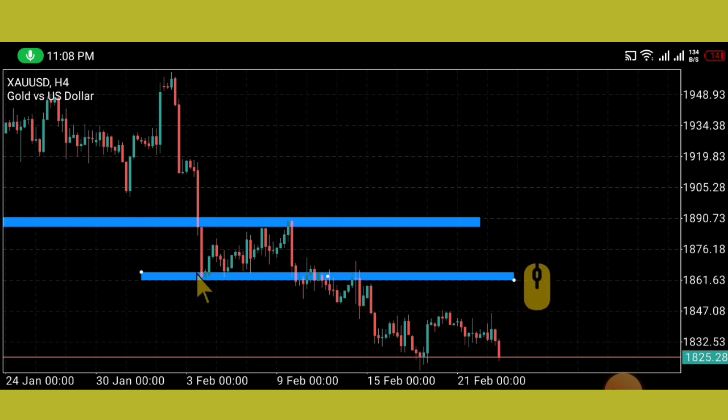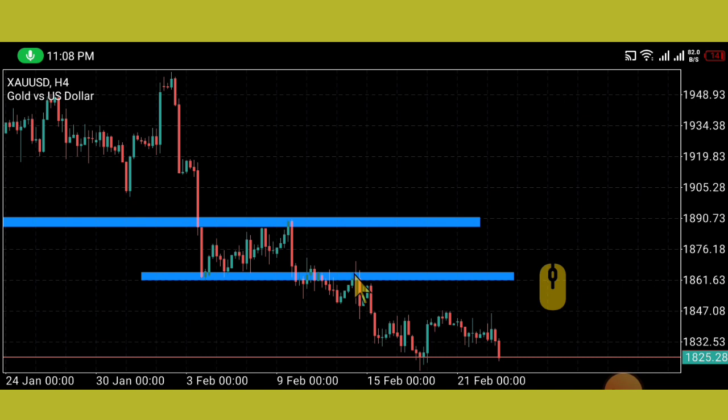Is the support here, was it the resistance, was it previous support? Yes. Can we see wicks? Yes. So from this point, you can now enter a sell. So that was exactly what I did, and I entered a sell for this particular trade.